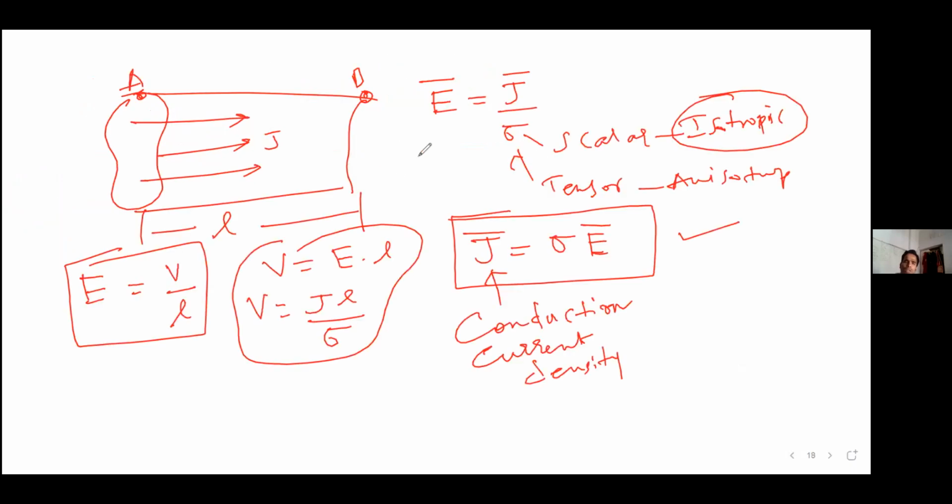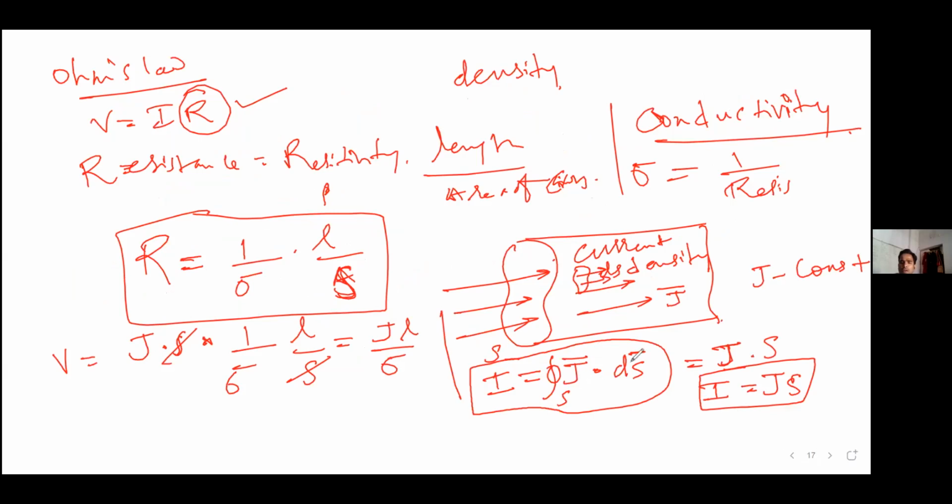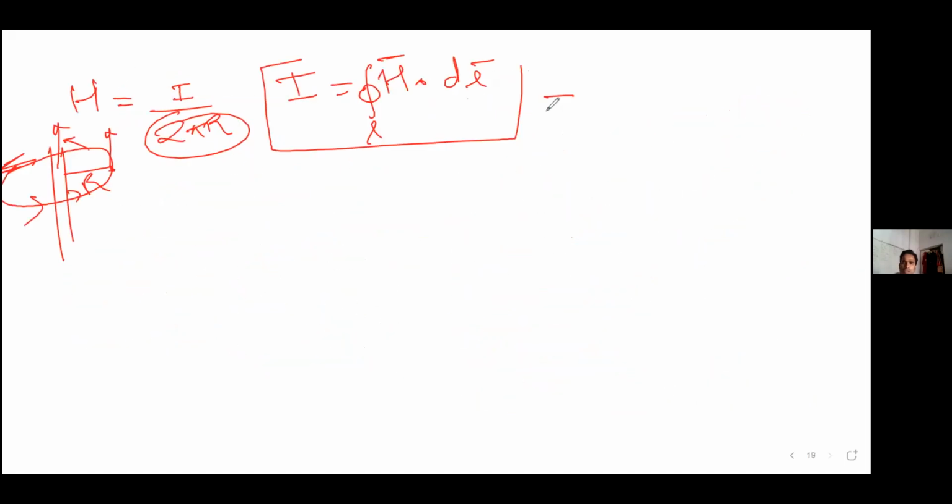And here I have defined the current I as the surface integral of J bar dot ds bar.